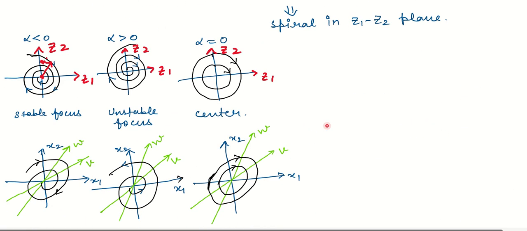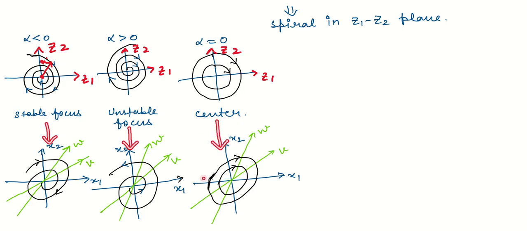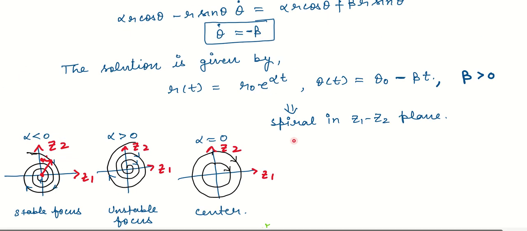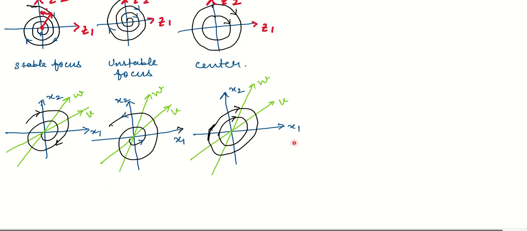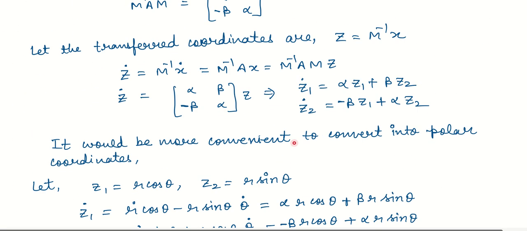So in the actual coordinate frame, u and v are the eigenvectors. So the picture will look like this. Now the trajectory will lie along the eigenvectors. That is the only difference. So this is for a stable one, this is for unstable, this is for center. So this was all about this particular case.